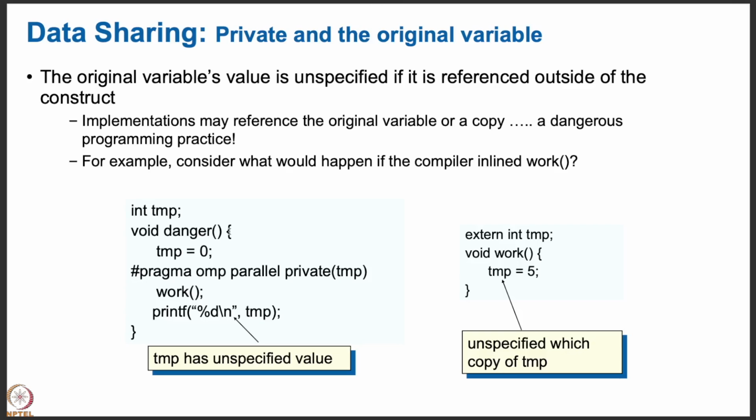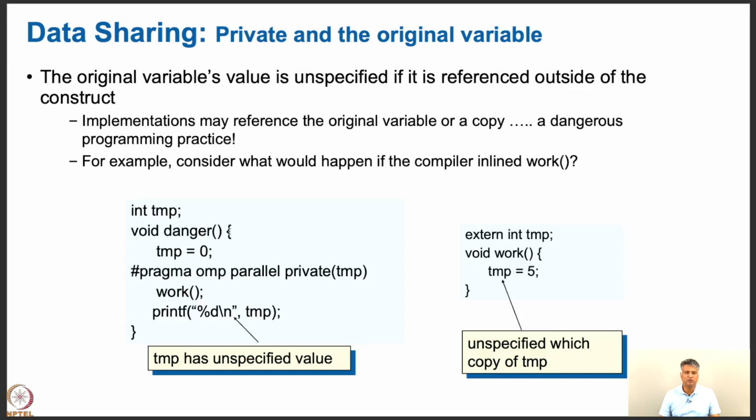If the original variable's value is unspecified and if it is referenced outside the construct, depending on the implementation it may refer to the original variable or a copy of it. And this is generally a very dangerous practice because we are not sure about how the program would behave on different machines.